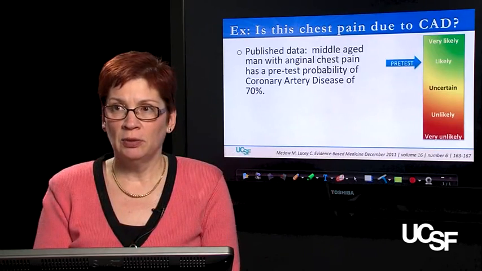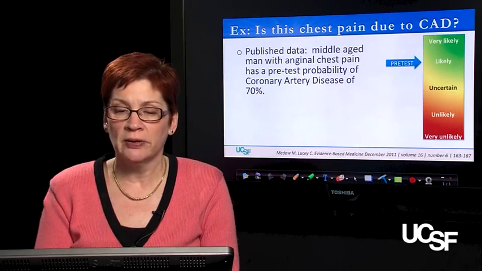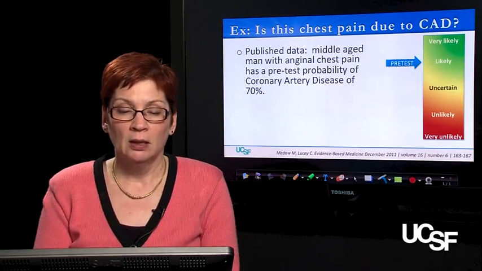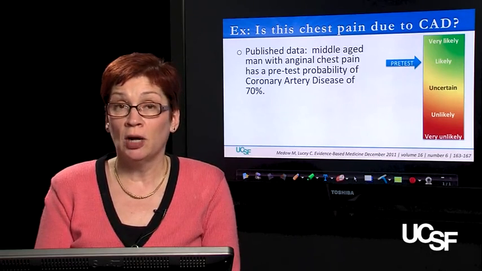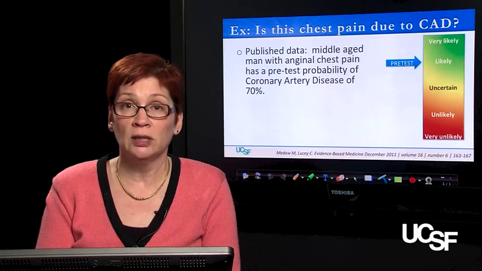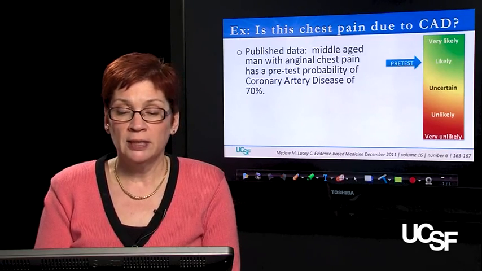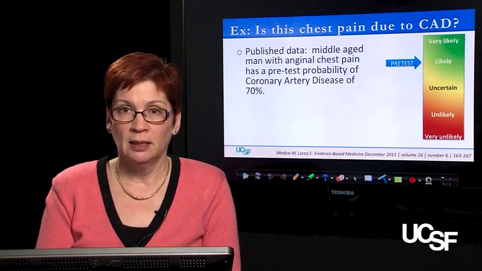Let's try a clinical example using this heuristic. And the question I'm going to pose for you is: is this person's chest pain due to coronary artery disease, CAD? Well, from lots of population studies, we have published data that shows that middle-aged men who have classic anginal chest pain, described as substernal chest pressure that comes on with exertion and is relieved by rest, have a pretest probability of coronary artery disease of about 70%.